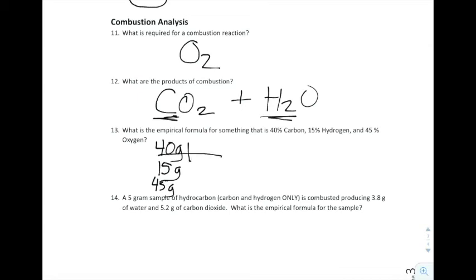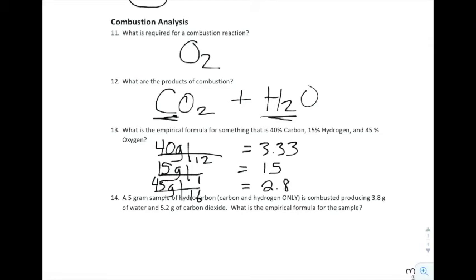The molar mass of carbon is 12, the molar mass of hydrogen is 1, and the molar mass of oxygen is 16. So now, when I take 40 and divide it by 12, I get 3.33. When I take 15 and divide it by 1, I get 15. And when I take 45 and divide it by 16, I get 2.8.